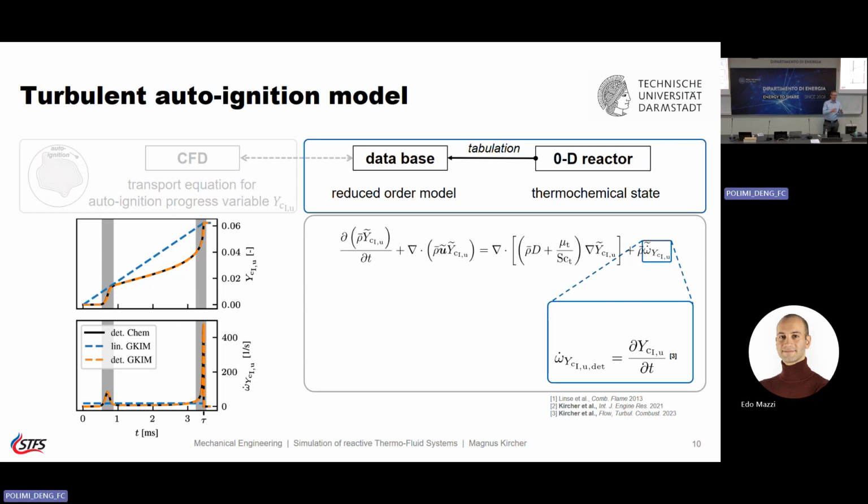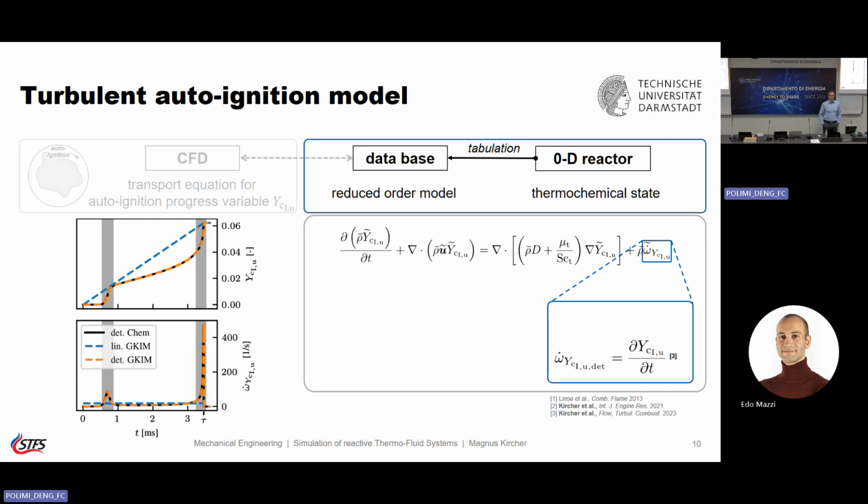So the tabulation really is based on just the homogeneous reactor calculations with fixed initial conditions, and then by varying the initial conditions for this homogeneous reactor, and during the tabulation process, we need to make sure that we have the full chemical state put into the tabulation.